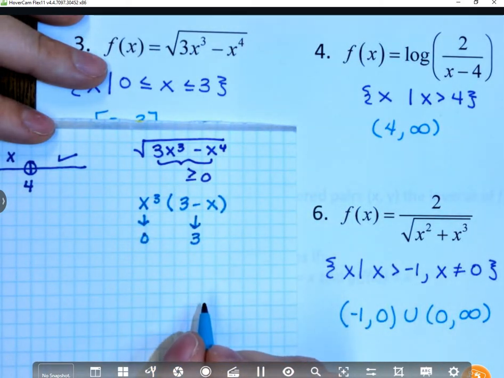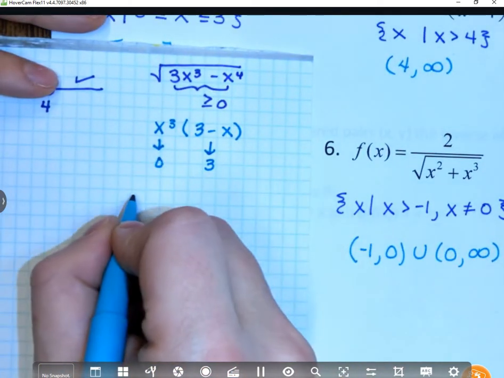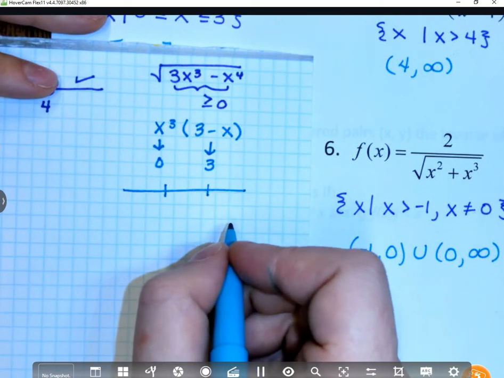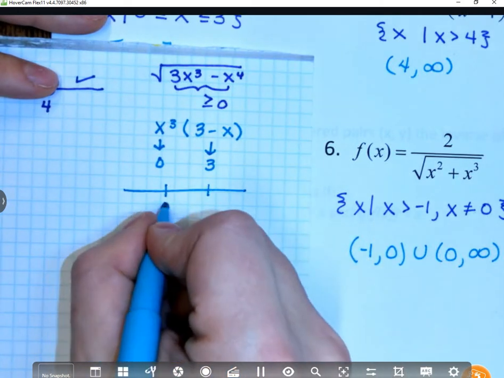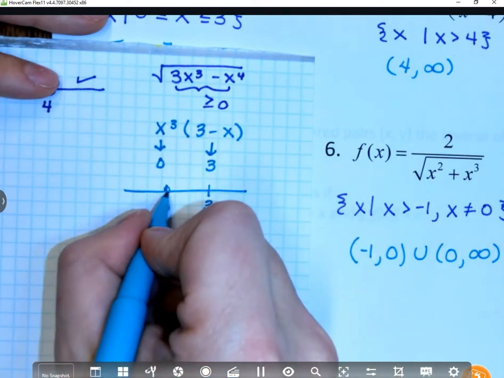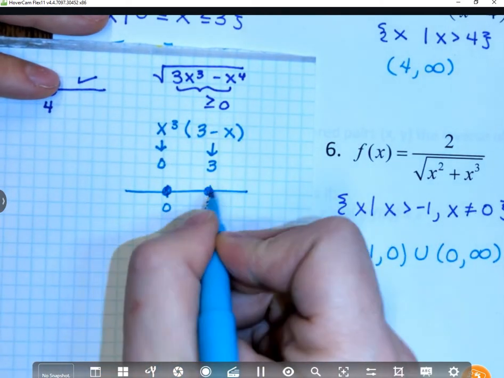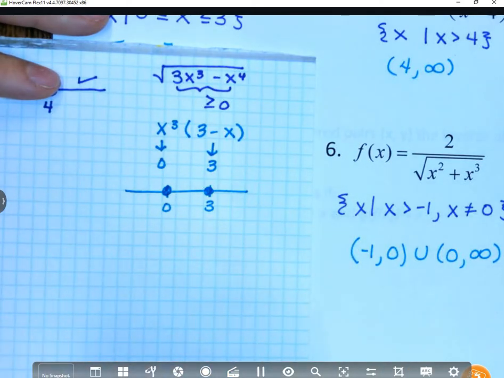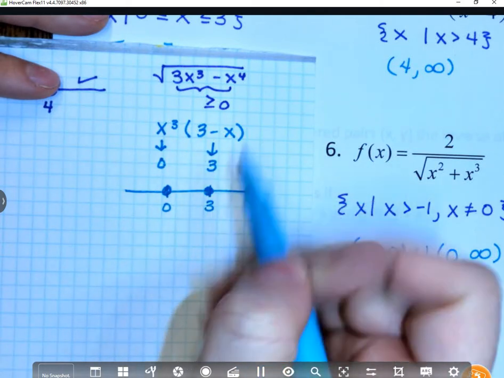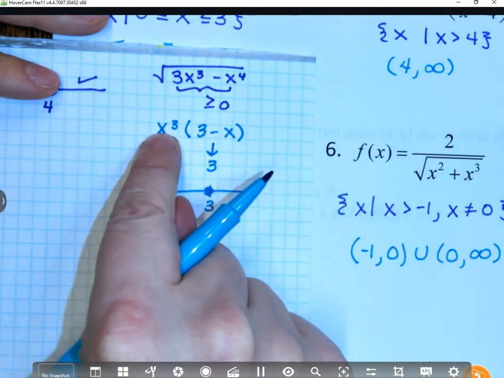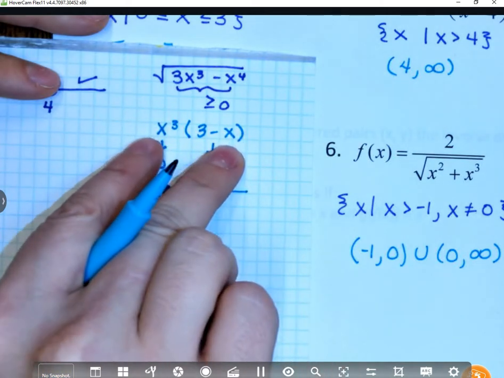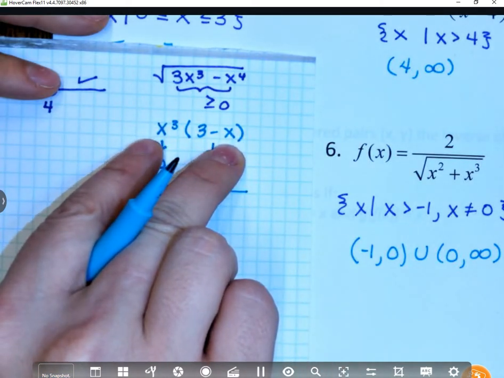Are you okay up to that part? Now, when you have higher powers on x, it gets really kind of weird to know where your values go. So I have 0 and I have 3. This said greater than or equal to, so I will close in those circles. And I'm just going to check, just like usual, plugging things in, to see if I will get a positive value. When I plug in a negative number, negative cubed is negative. 3 minus a negative would become a positive.